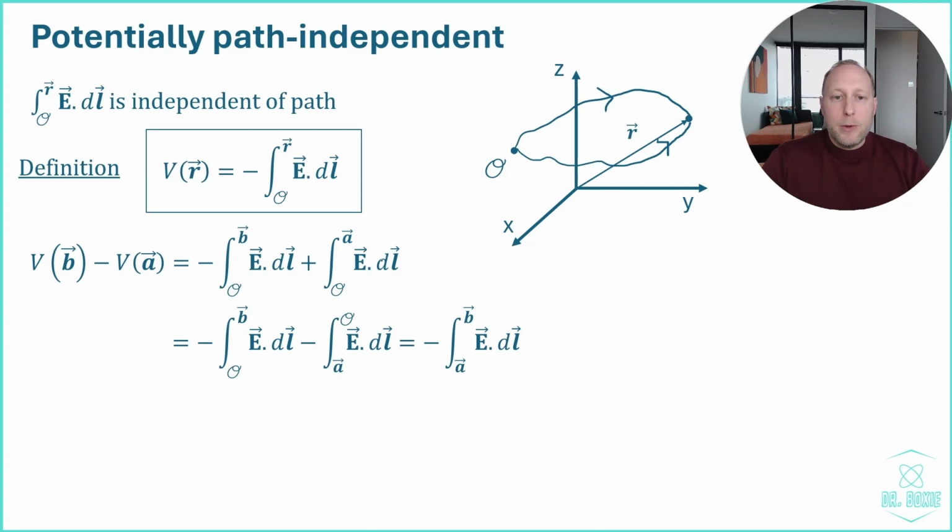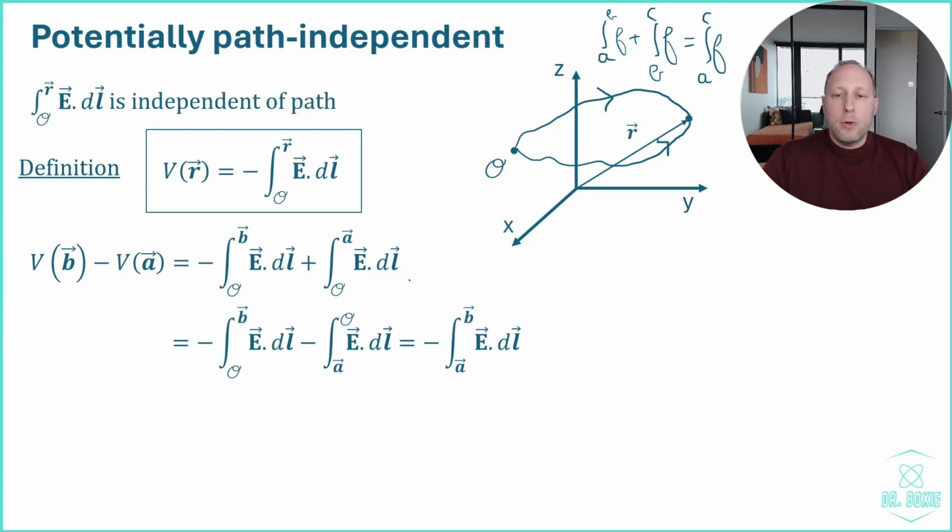And finally, we use the fact that the integral from a to b of some function plus the integral from b to c of that same function is equal to the integral from a to c of that function. And so what we find is that V(b) minus V(a), the difference in the potential between the points a and b, is negative the integral from a to b of E dot dl. Notice that there is no dependence on the reference point O anymore.